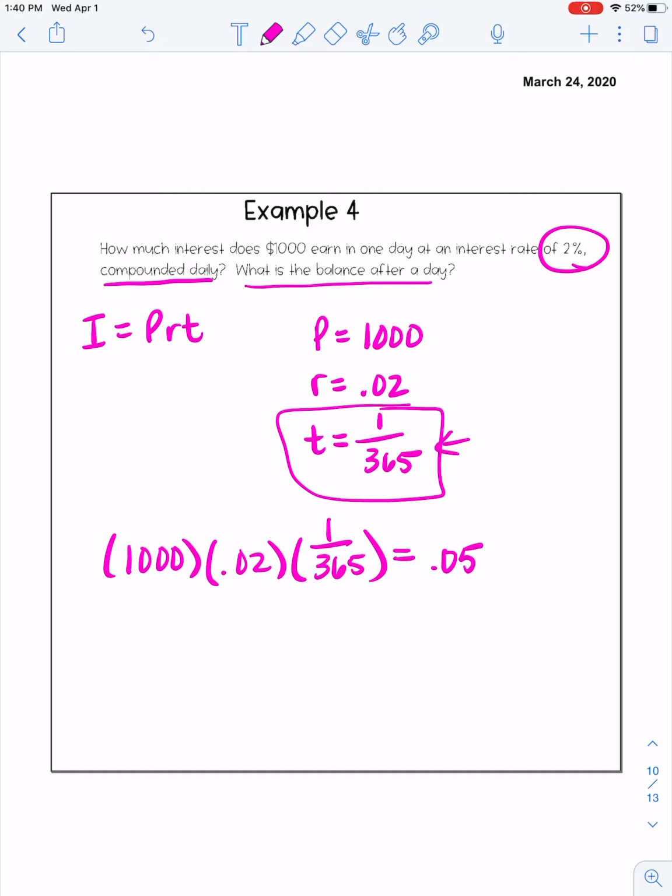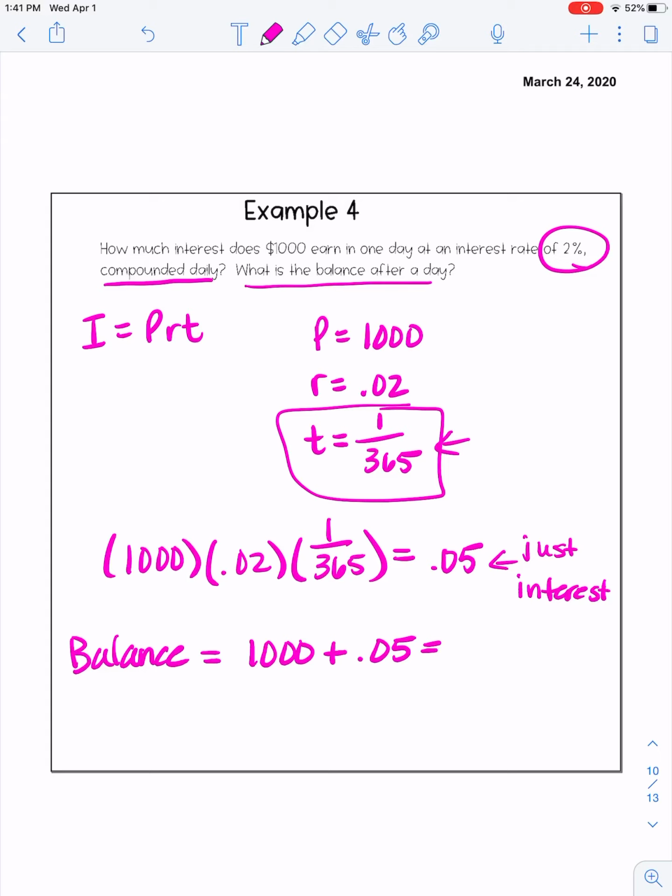So that's just the interest, 5 cents. So I need to go back and add that to my balance. So my balance is going to be 1,000 plus 5 cents, which is a total of $1,000.05. So this is my answer.